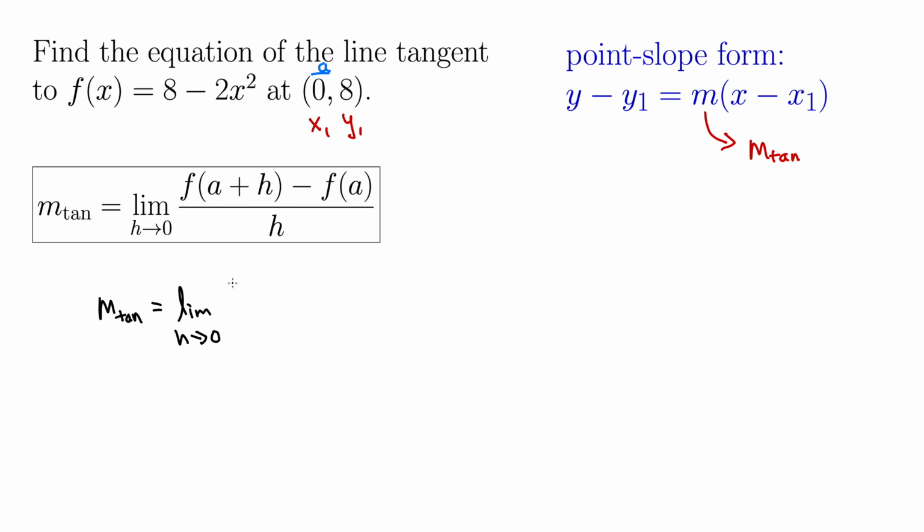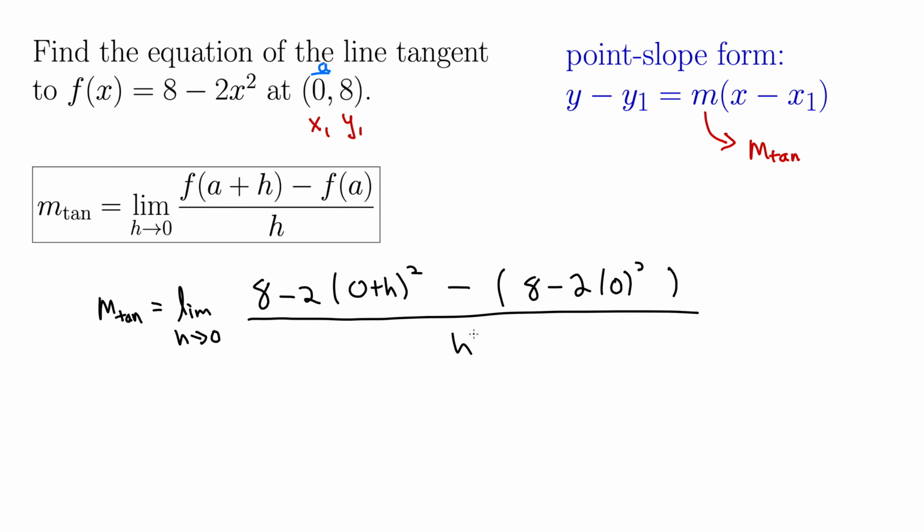We have f(a + h), but a is 0, so we have 8 - 2(0 + h)². There's f(a + h). Minus, now we'll do f(0), so minus, I'm going to put the whole thing in parentheses, (8 - 2(0)²), all over h.